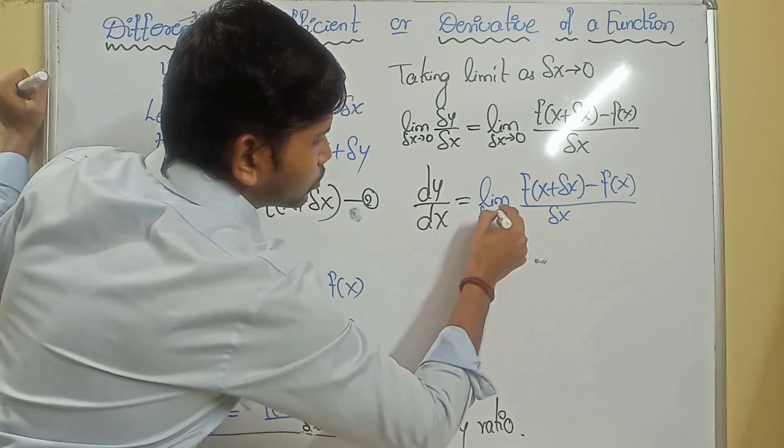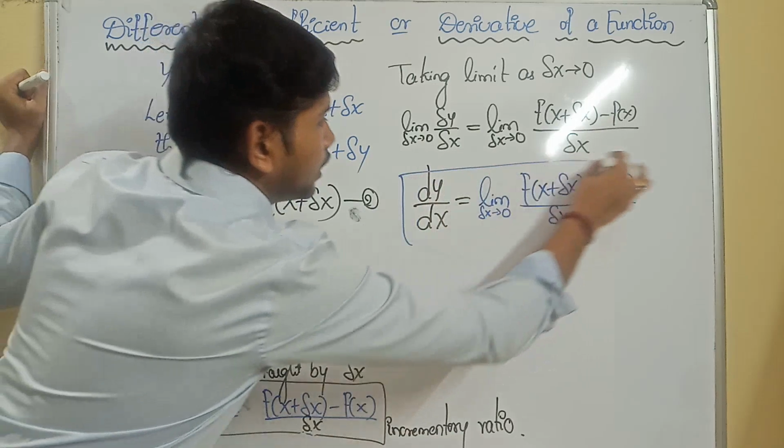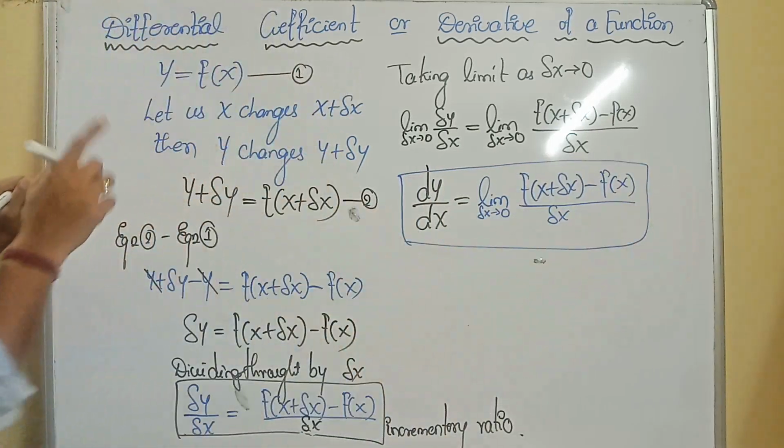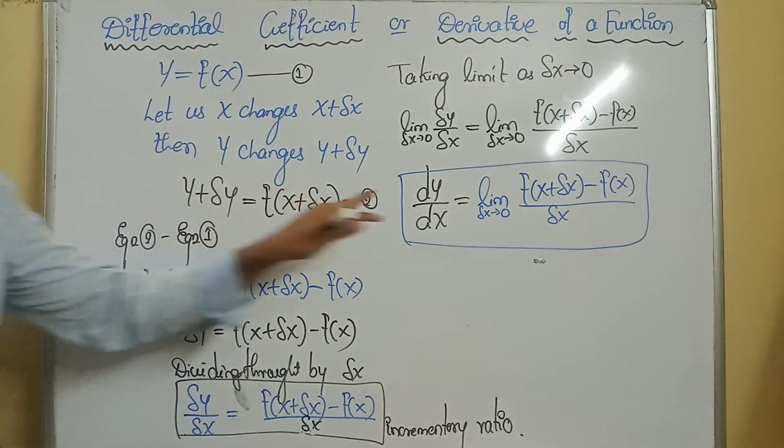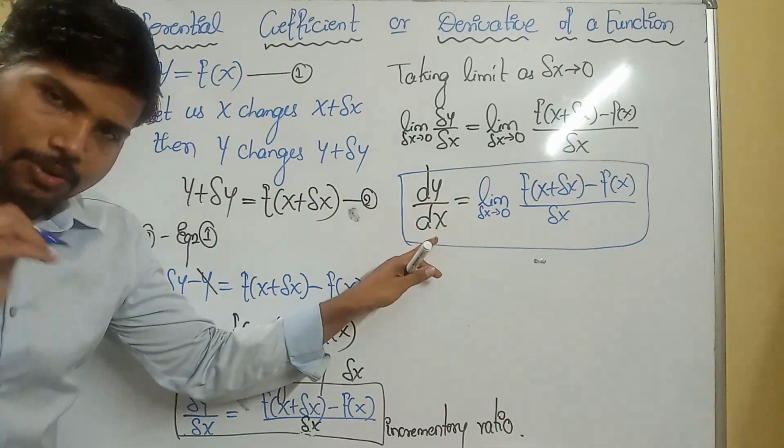This limit of delta y by delta x is nothing but dy by dx. It is nothing but the derivative of a function, or the differential coefficient of y with respect to x.